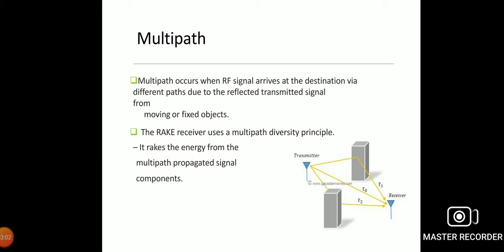It should be noted that if the bit decision is done with respect to a single correlator, then the probability of bit error rate is higher. Now the rake receiver uses a multi-diversity principle. It rakes the energy from the multipath propagated signal components.